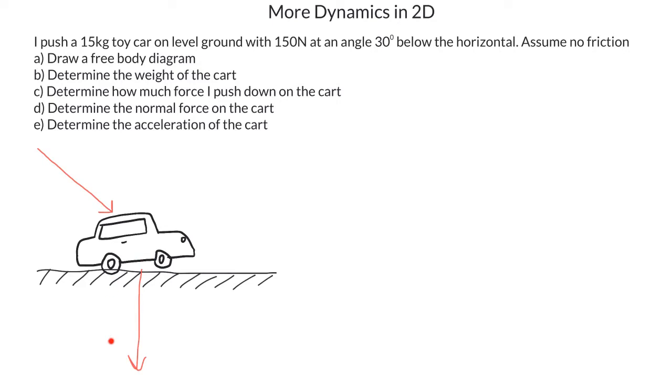Fg is a certain value, but I am also pushing down somewhat on this car. And so I have to have a normal force that is going to resist both this and me pushing down. So this normal force that I'm going to draw is going to be bigger than gravity.